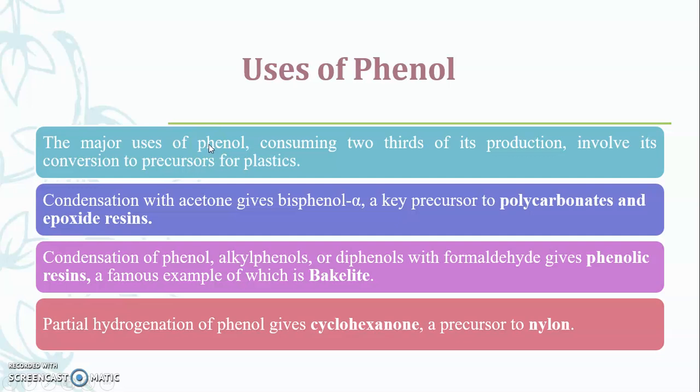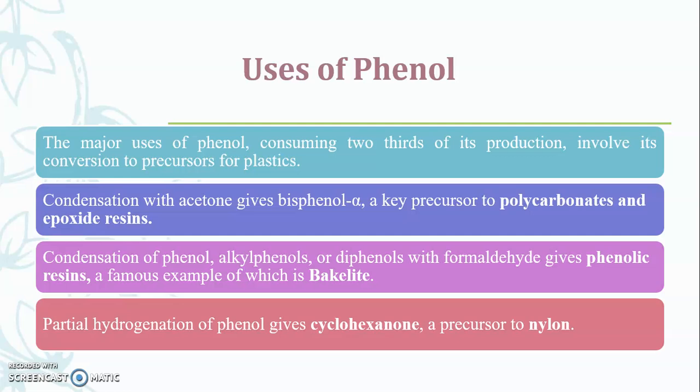This cyclohexanol is mainly used as a starting material for the production of different polymers, which include plastics. So out of the total phenol manufactured, 2/3 is used for the synthesis of different plastics. This is the main use of phenol.